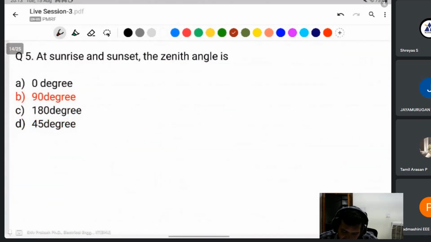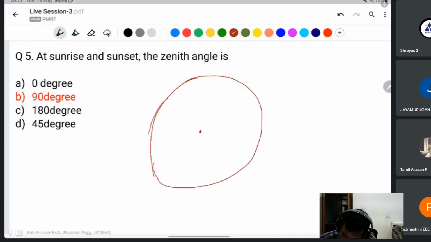At sunrise and sunset, the zenith angle. Center of the earth.